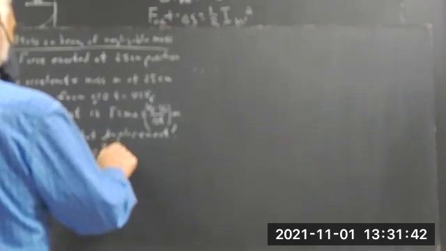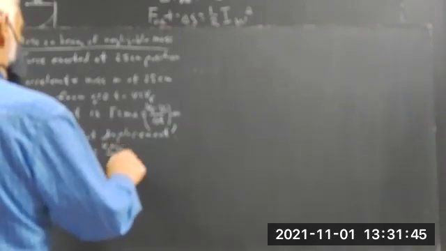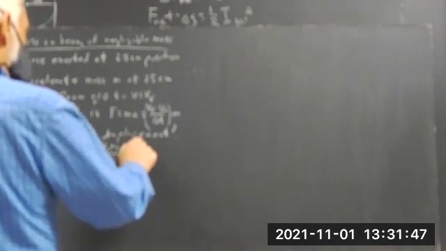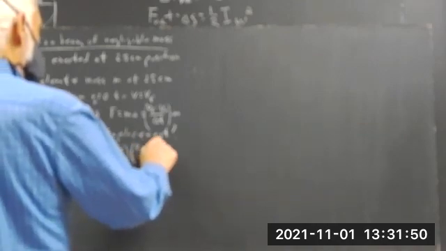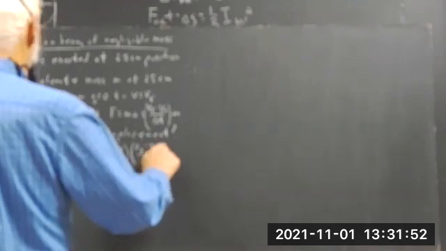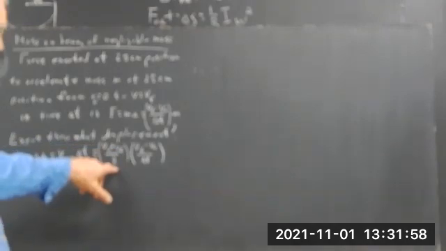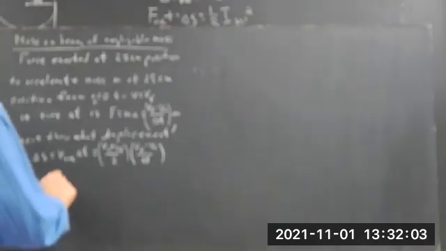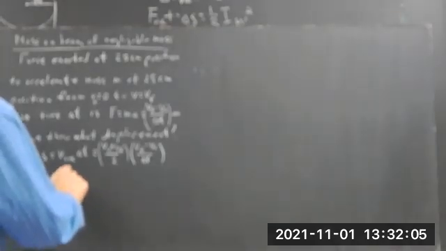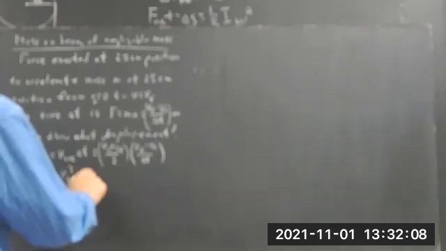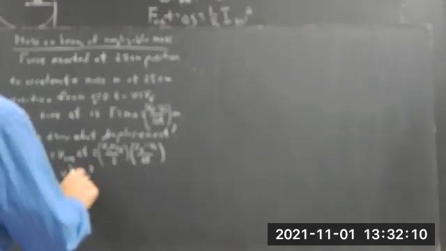Average velocity times delta t. Average velocity is average of initial final velocity, and acceleration is a change in velocity divided by time. So you have Vf squared minus V naught squared over 2 delta.